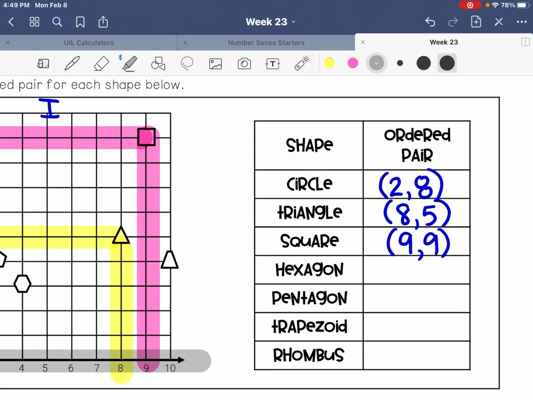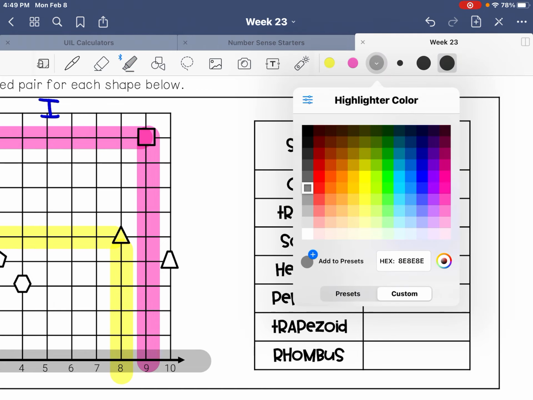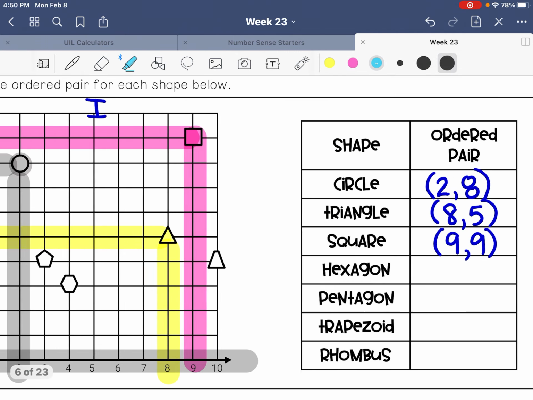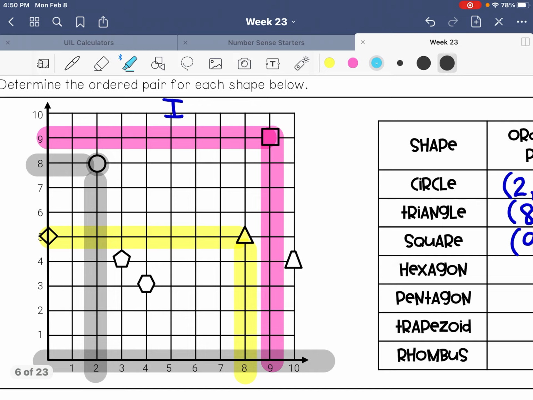Okay, and let's try another one. I'm changing the color of my pen so you can see. We're going to the hexagon, meaning a 6-sided figure. Looks like the hexagon is located at 4 on the x-axis and 3 on the y-axis.